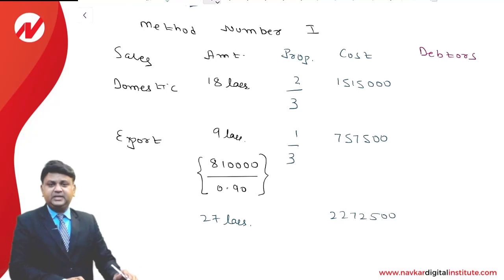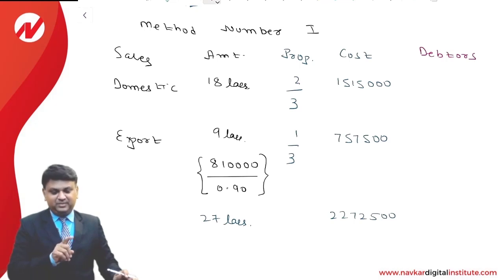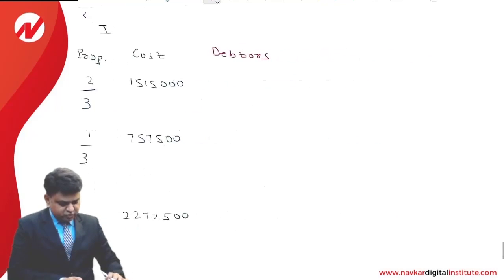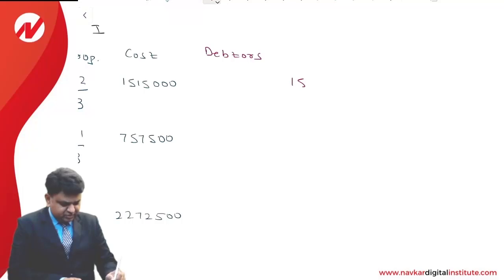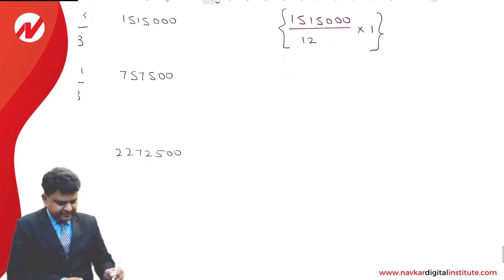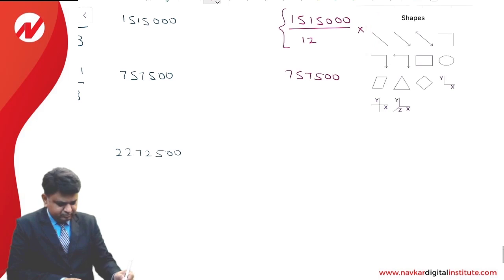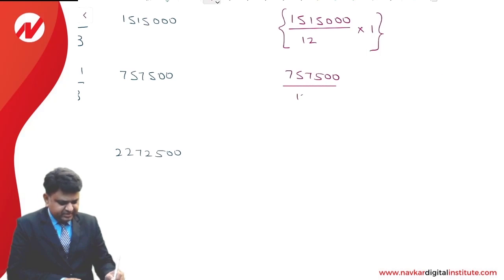We have been provided that to our domestic customers, we offer a credit period of 1 month. So what will happen, dear students? It is 15,15,000 divided by 12 months into average collection period is 1 month, and 7,57,500 divided by 12 months once again into average collection period is 3 months.